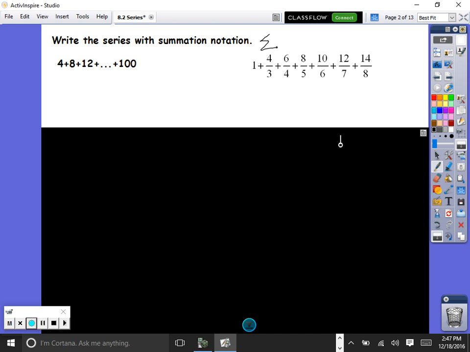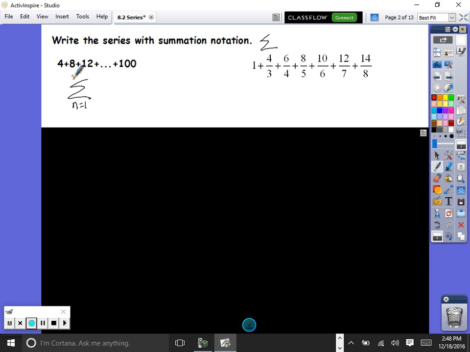First of all, I notice I am plussing them all, so I write capital sigma to show I am adding them up. And I am still starting with the first term. I do not yet know how many terms lie in the series from 4 to 100, but we will calculate that.